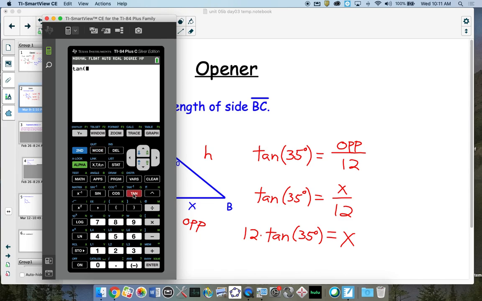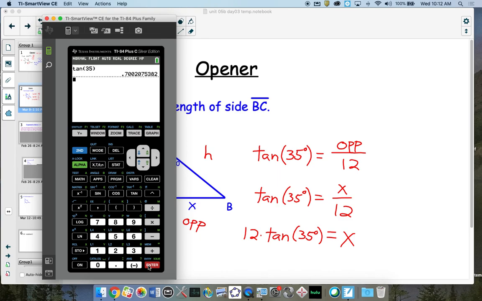Now if I press the tangent button, TAN, and then I type in 35, the calculator will give me the number that the tangent of 35 equals, and it's going to be a decimal. 0.700207, so we get this decimal, it's going to go on forever. So now what should we do with that?